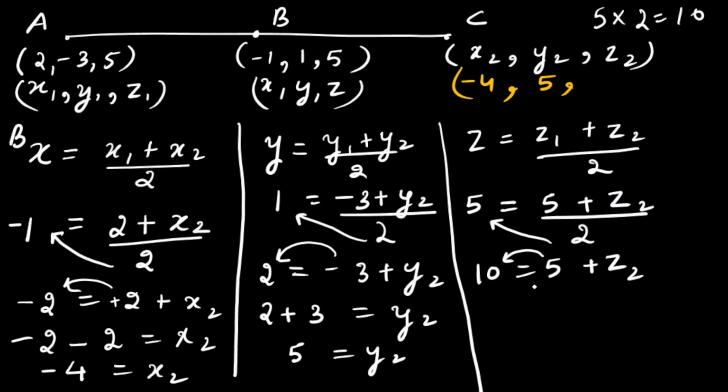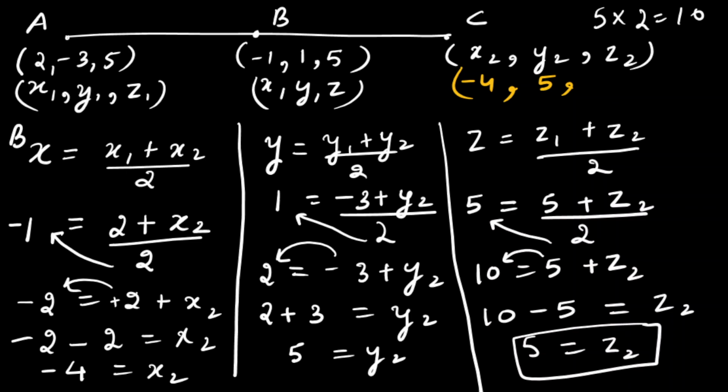The 5 is positive, so when we shift it to the other side it becomes negative. So 10 minus 5 is equal to z2. 10 minus 5 is 5, which is equal to z2. So we found the third coordinate also, and this is also 5. So the coordinates of C are negative 4, 5, 5.